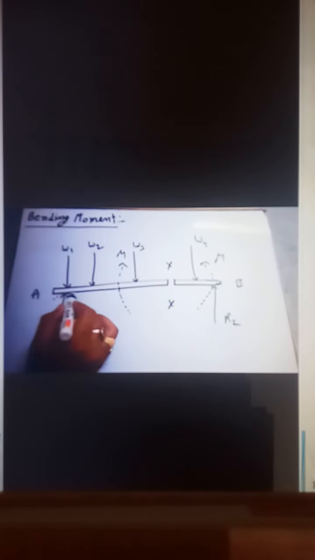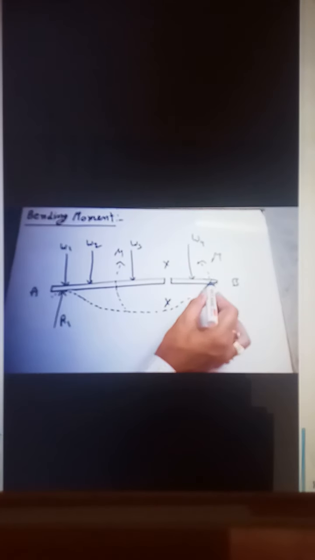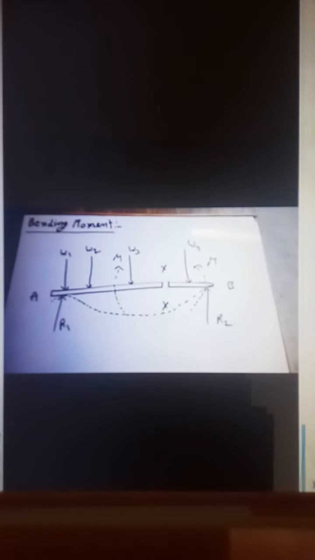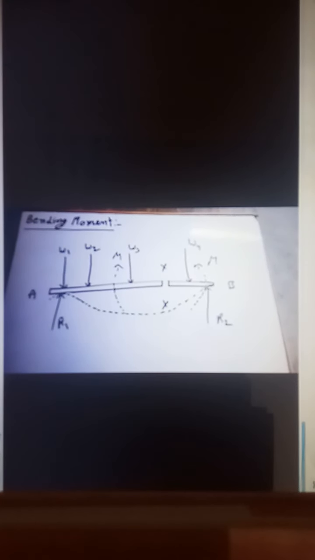Now if the member tends to cause concavity upward, that is, here the member will be like this, then this is usually referred to as the sagging bending moment.